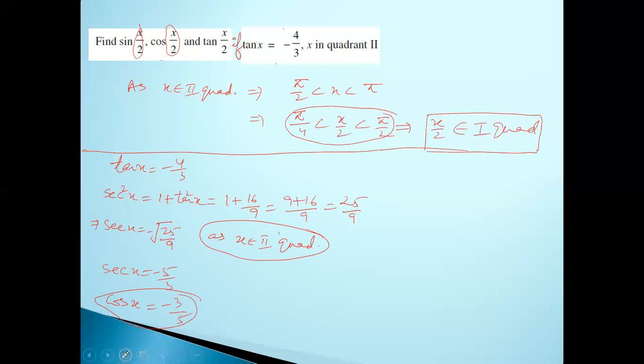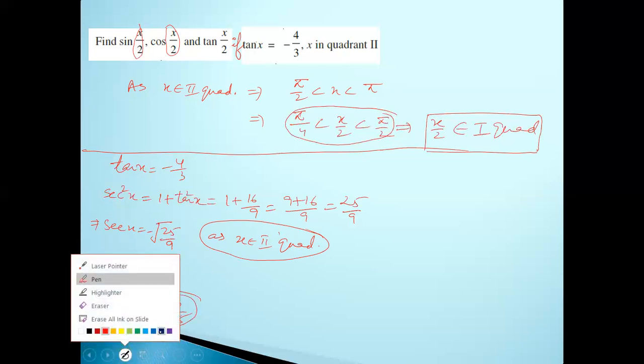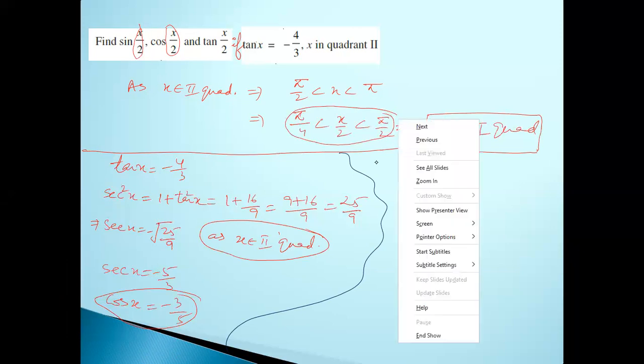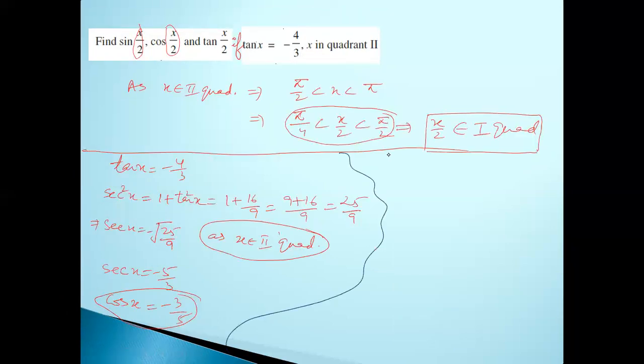Now using the half angle formula, because we know that cos 2x equals 1 minus 2 sin square x.